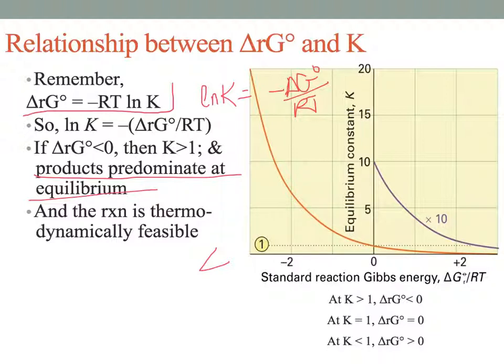That means that it should occur. Your products should be more, at equilibrium, you should have more products in solution than reactants, and that reaction should be favorable. It should occur thermodynamically.